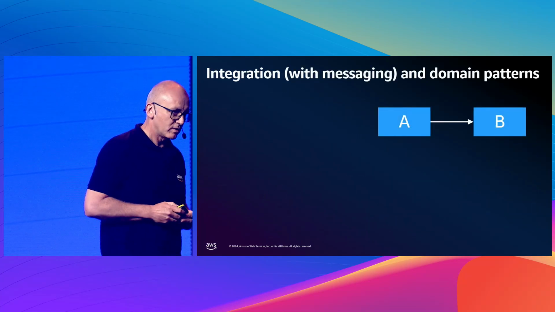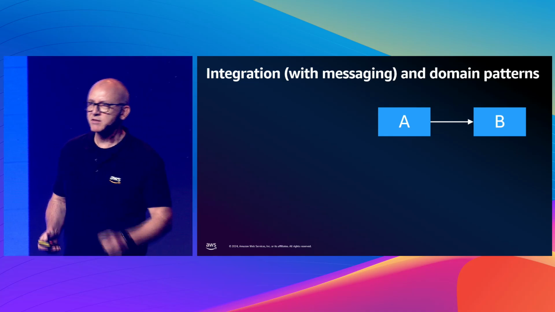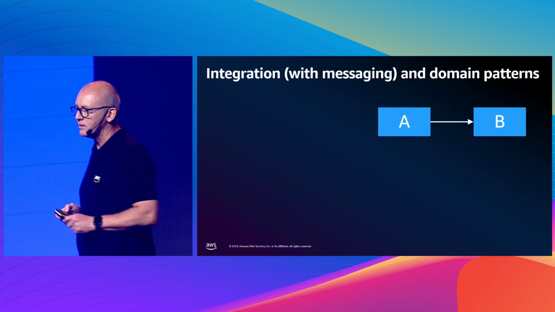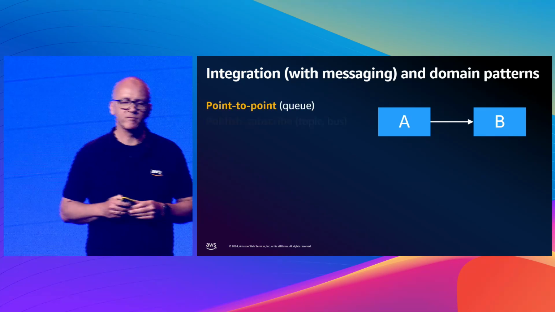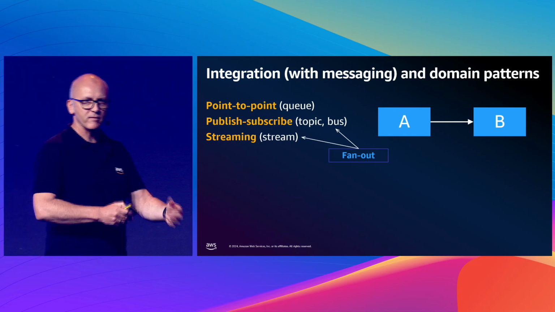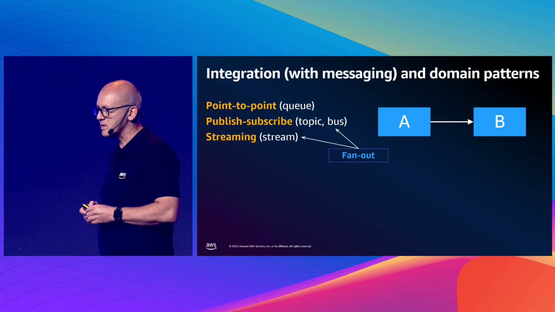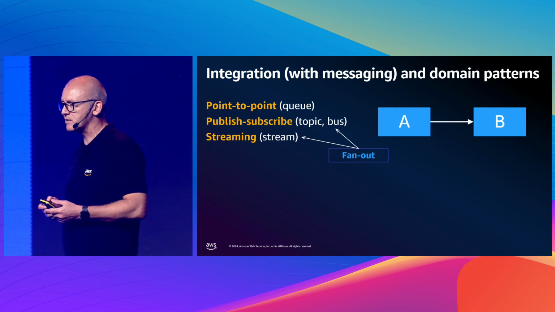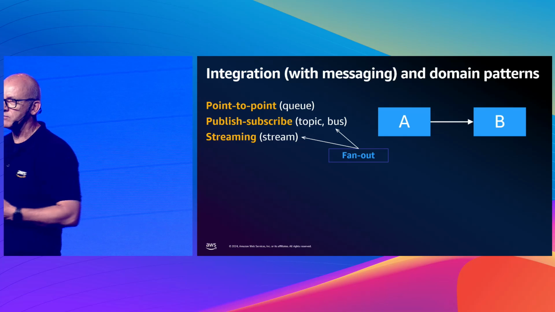Right, so integrating two systems with each other, how hard can it be? It is quite easy to draw a line between two boxes, but then there are tons of integration options. And for some reason, we are kind of stressing on messaging as an integration option all the time. And we will also understand very soon why that is the case. We have a few fundamental integration patterns that are based on messaging.